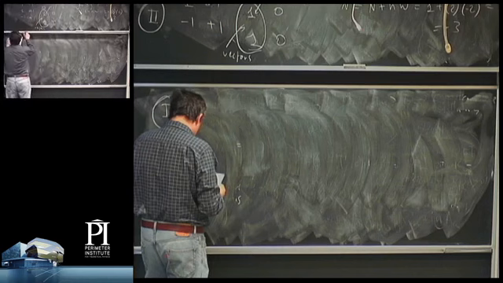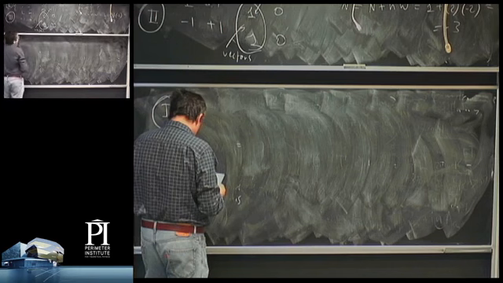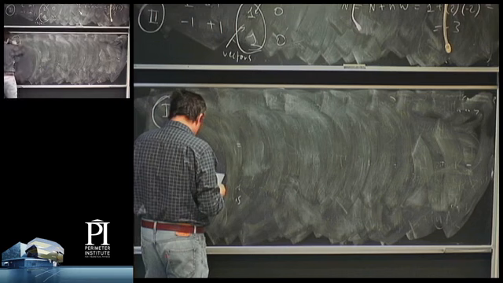So the states up here, I will call them group 1, and those, group 2. The states in group 1 have their vertex operator with index mu.